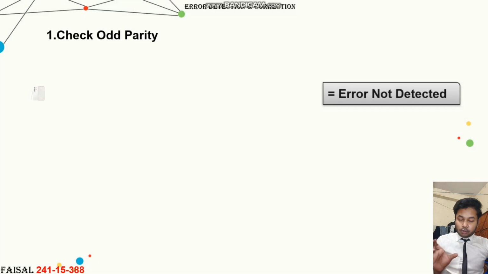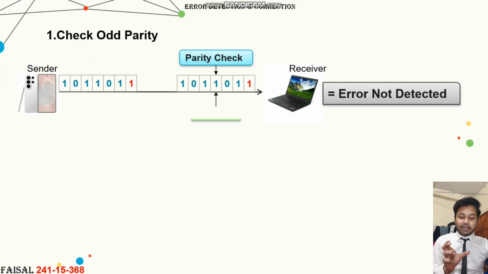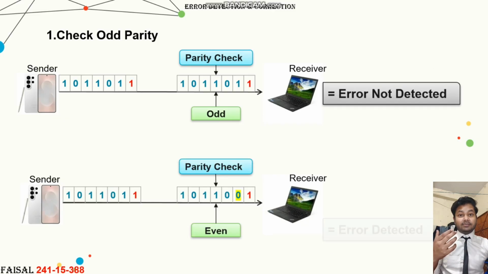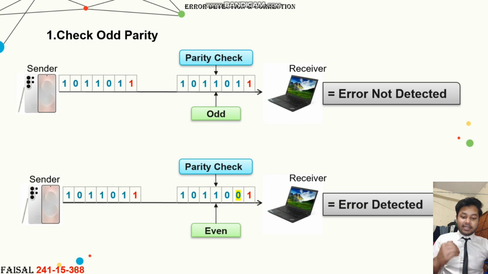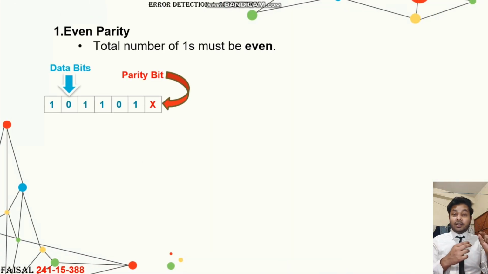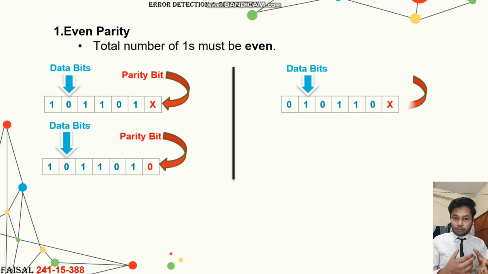As a sender, if I send any 5 digit number, and if the total number of ones is odd, then the last digit we send must be 0, because it is already odd. But if the number of ones is even, then we need to add 1 to make the total number odd.